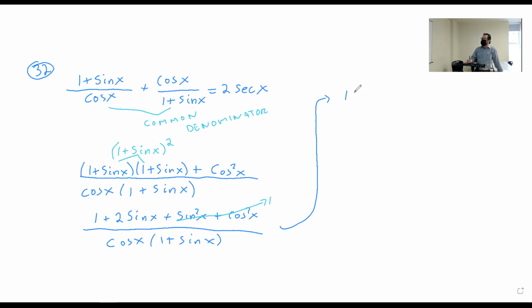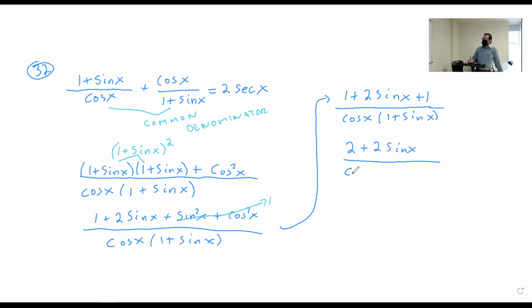This is going to be 1 plus 2 sine of x plus 1, divided by cosine of x times 1 plus sine of x. 1 plus 1 is 2, so this is going to be 2 plus 2 sine of x divided by cosine of x and 1 plus sine of x.